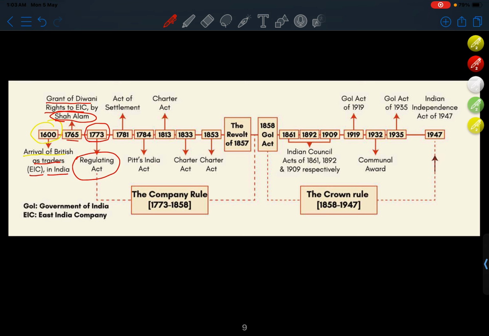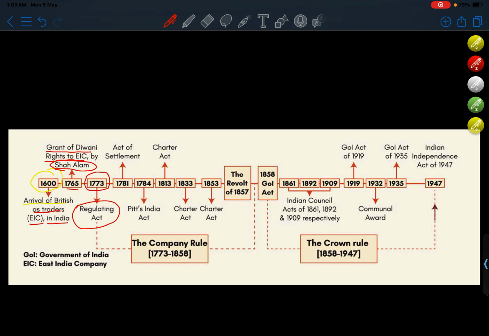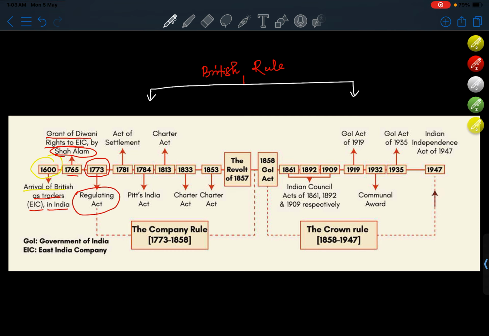Now you should understand one thing. British rule is divided into two main parts. What are those two parts?